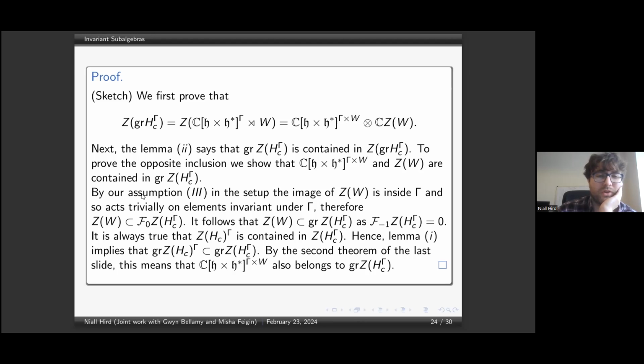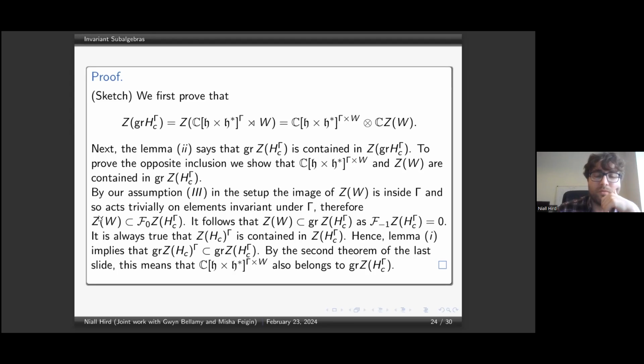Okay, so by our third assumption in the setup slide, the image of the center of the group is inside our reductive subgroup, or we consider it as actions. So it's going to act trivially on elements that are invariant under the group gamma, right? If it's in gamma, it's going to act trivially on things that are invariant under gamma.